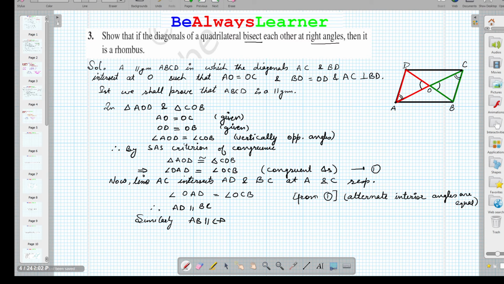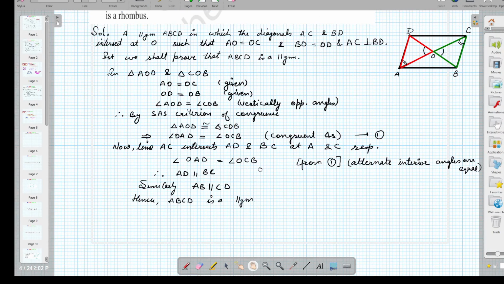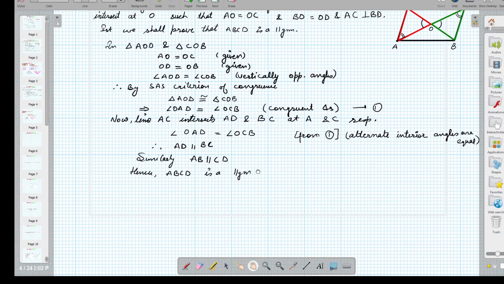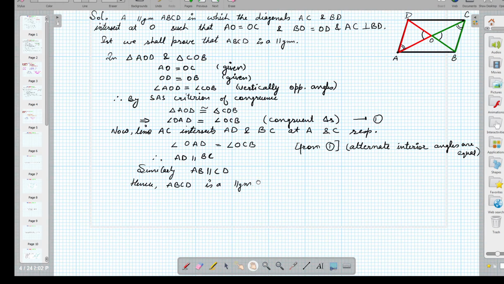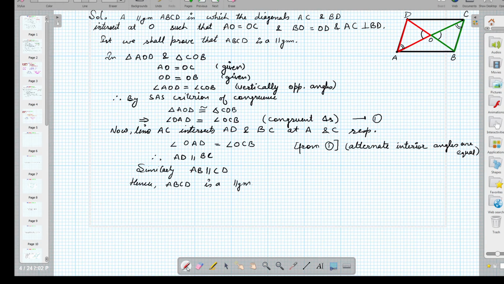If they are parallel, then we can say hence ABCD is a parallelogram. So we are able to prove that this is a parallelogram. Fine.